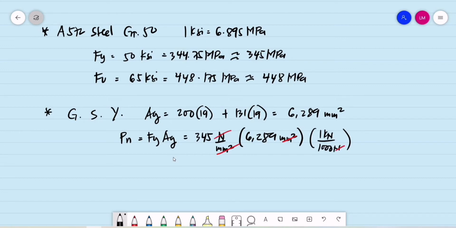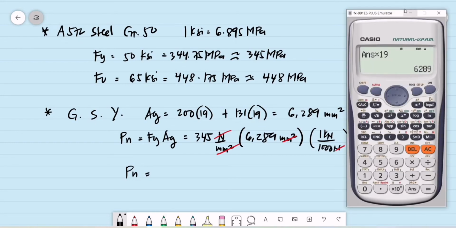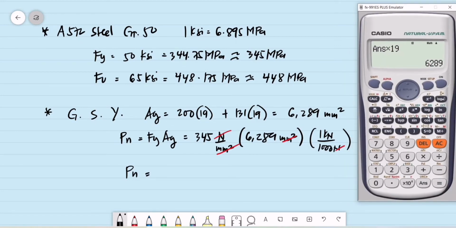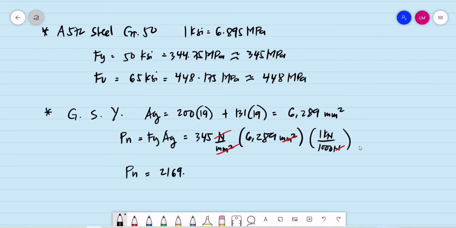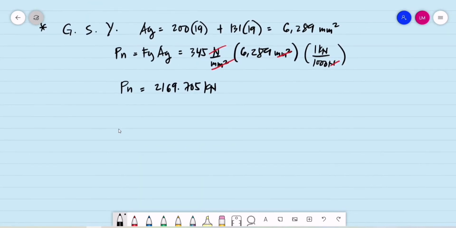So the nominal strength P sub n is equal to 6,289 multiplied by Fy 345, then divided by 1,000 to be in kilonewtons. That is 2,169.705 kilonewtons.